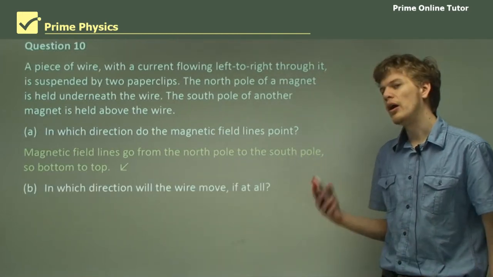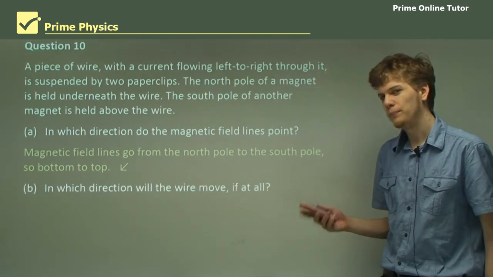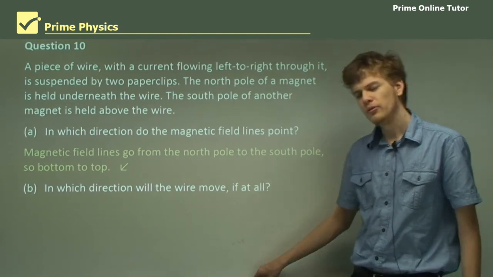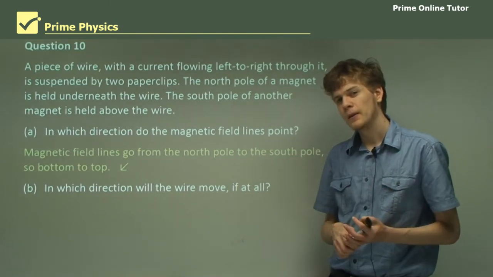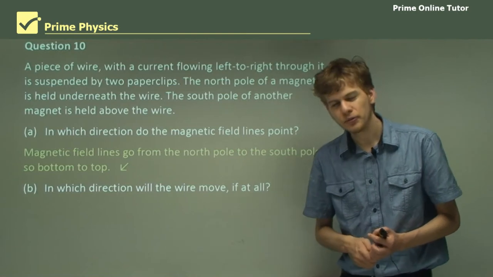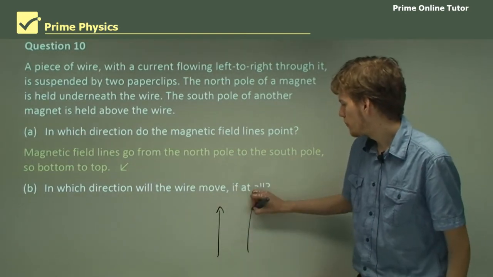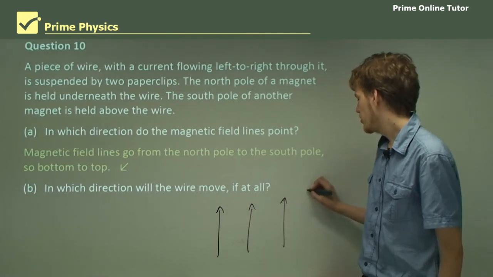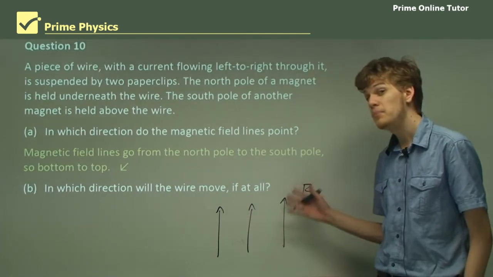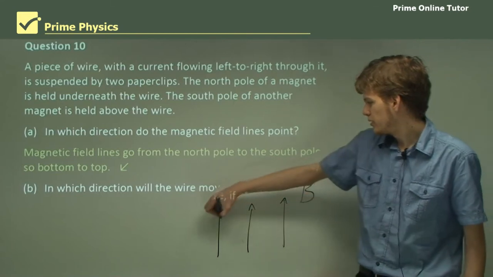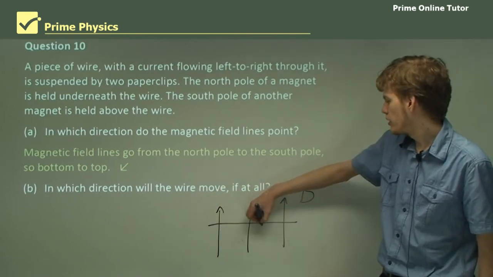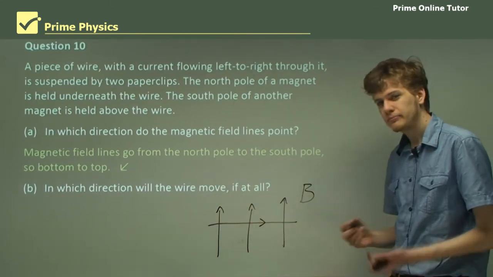So what direction will the wire move, if at all? Well, now that we know the magnetic field lines, we can use our right-hand palm rule to figure out the direction of the force. The field lines go from bottom to top. So there's our magnetic field, represented by B. And here's our wire, going left to right.